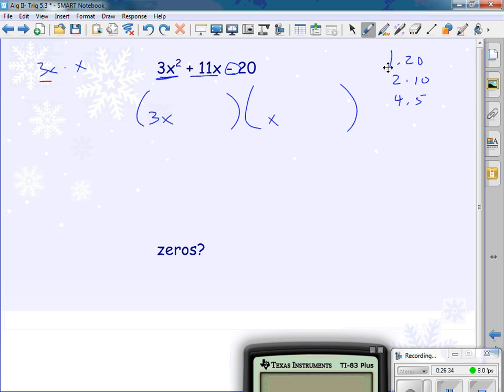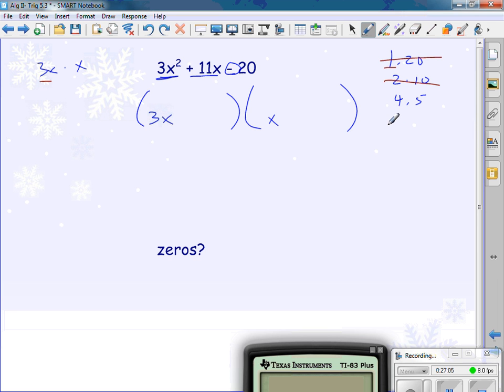So like 3x times 1 is 3x. x times 20 is 20x. Yeah, 23x is too big. That 20 is probably going to be too big in general. 2 times 3 is 6. 1 times 10 I got 16. 10 times 3 is 30. That's too big. Now I know it has to be a 4 and a 5.